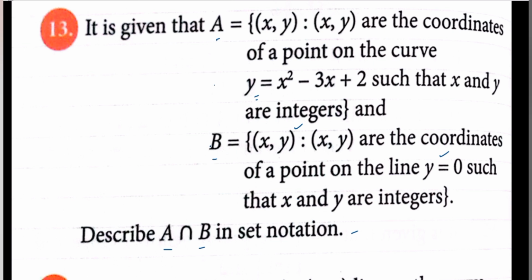Actually, this question is based on coordinate geometry. If you find sets A and B separately, you will observe that both sets are infinite sets. But there is no need to find A and B. We just have to find A intersection B here.